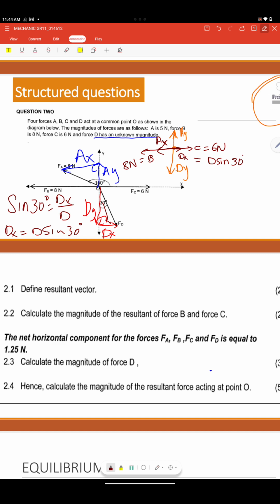Remember, we said in the previous video, if one component takes the sine ratio, then the other one will take cos. So it means that dy will be equal to d cosine of 30. You can verify this for yourself. Okay, now we are left with the components of A. I'm just going to start by defining sine of the angle within the right angle triangle.